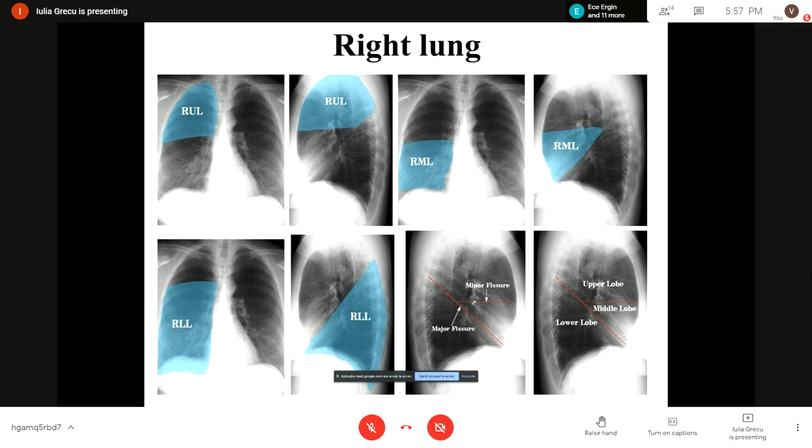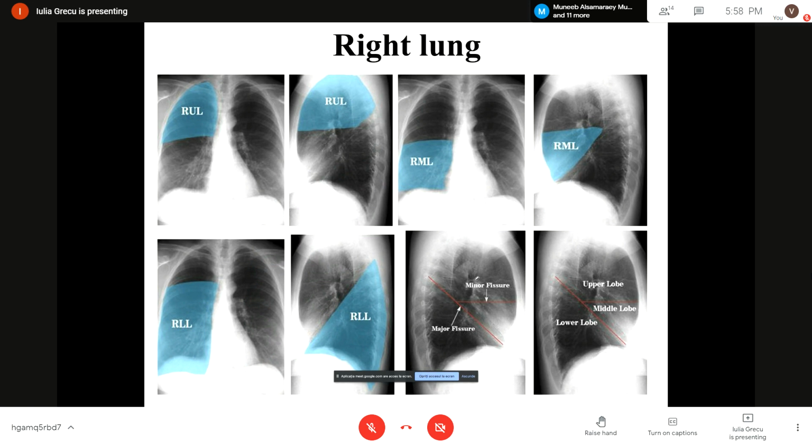The horizontal fissure, which projects on the frontal X-ray somewhere around here, separates the superior lobe from the middle lobe, and this is the right lung. Each of these lobes will be divided into segments. I have a little diagram further along, but this is the most important thing, to know the lobes of each lung.